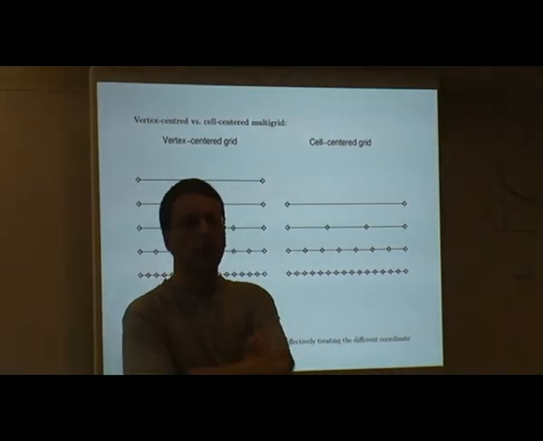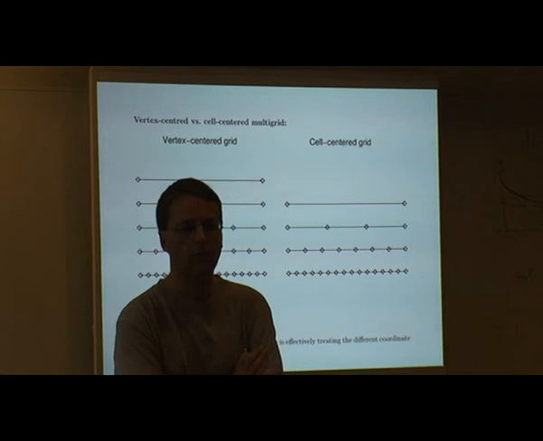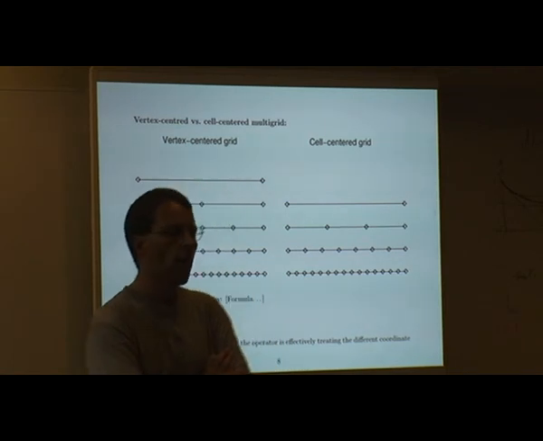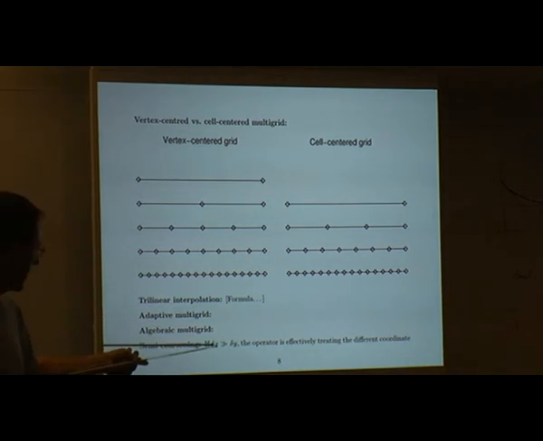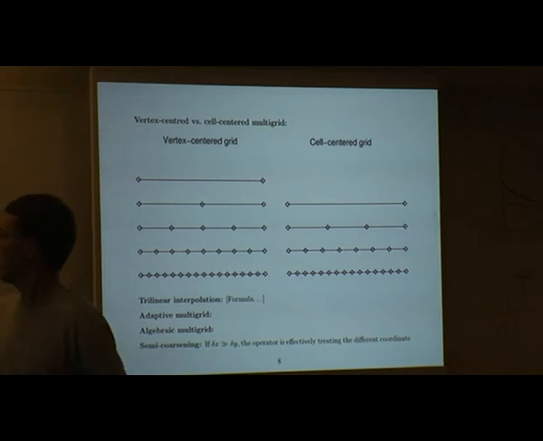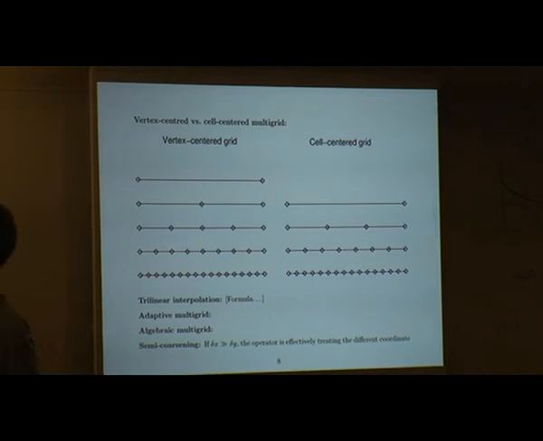There's all sorts of complications that will sooner or later harm us. One is that if you have an anisotropic grid, if delta x is significantly larger than delta y, for example, and you use the isotropic Laplacian.